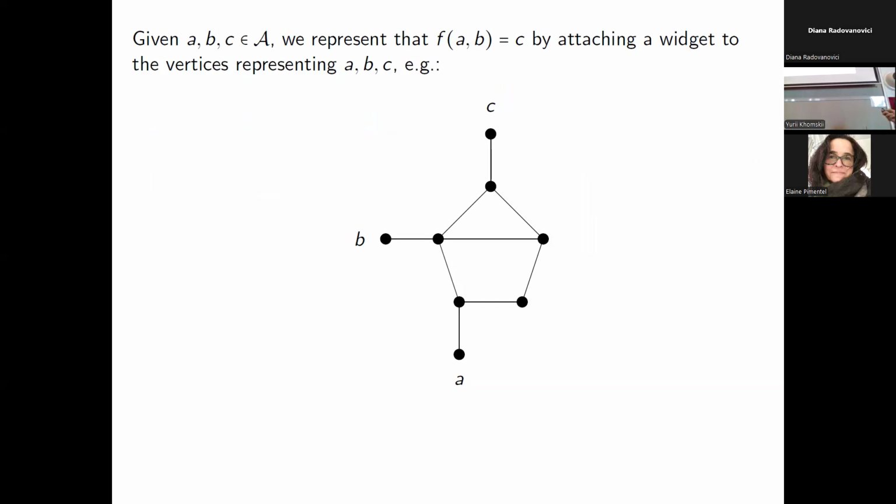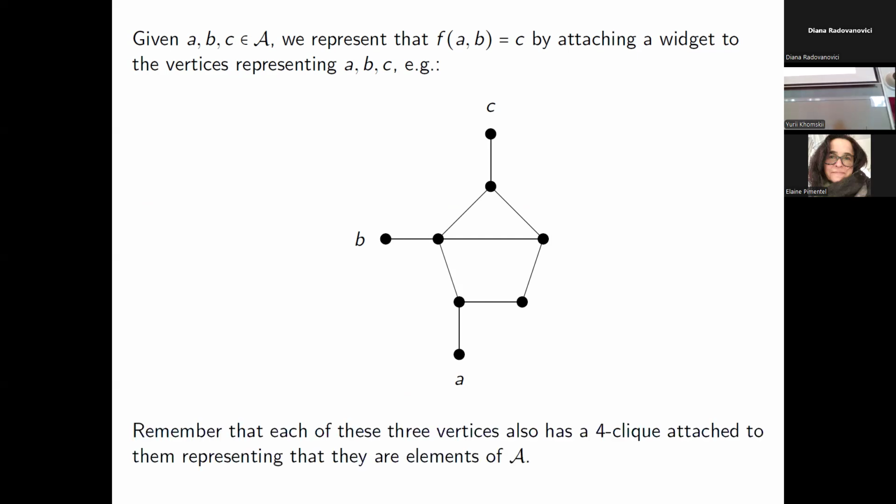And I'm going to attach the first thing to here, the second thing to here, and the third thing to here. And that's going to represent that f of the first 2 is equal to the third. So you should also remember that each of these vertices also has that previous widget attached, right? So there's a fork-leak attached to here, and attached to here. But we're not attaching those fork-leaks to these things. So that shows that there are these separate elements that are just used to code things in.